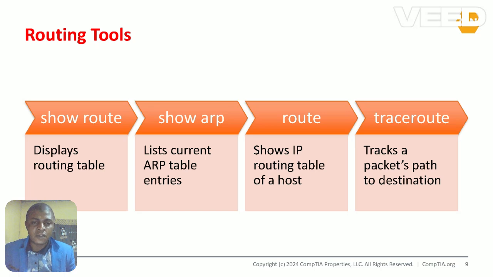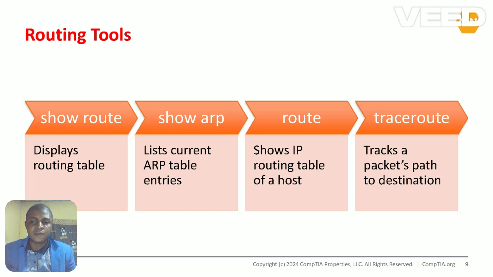You use route to show the IP routing table of a host. Then use traceroute to track a packet's path to its destination.